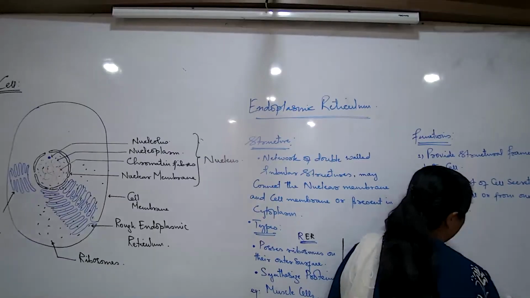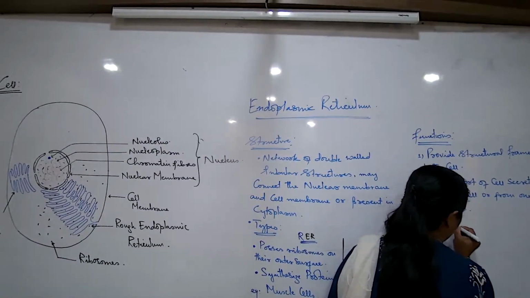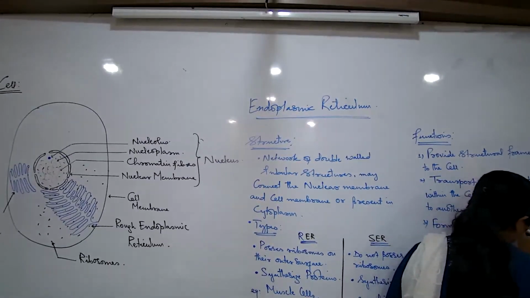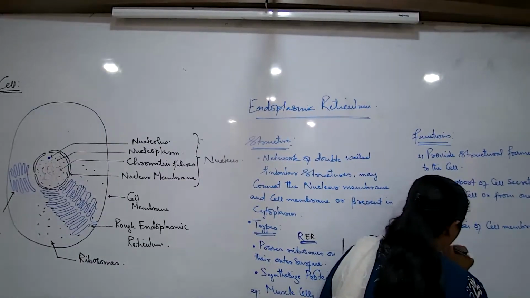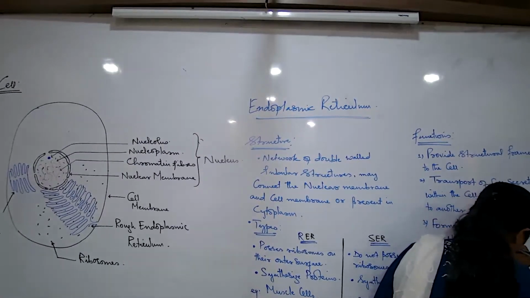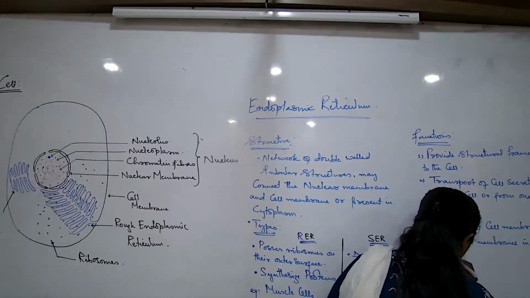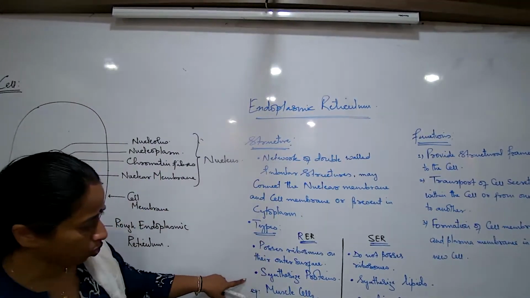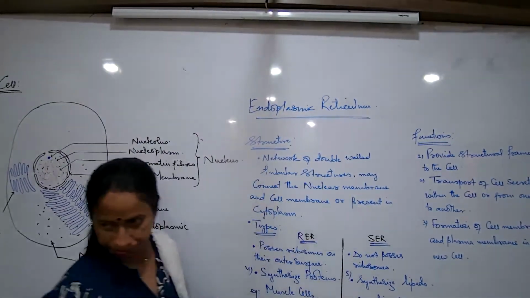They help in the formation of the cell membranes and the plasma membranes in a new cell. Okay, so I'm talking about 5 functions, remember. Apart from these, this is number 4 and this is number 5.